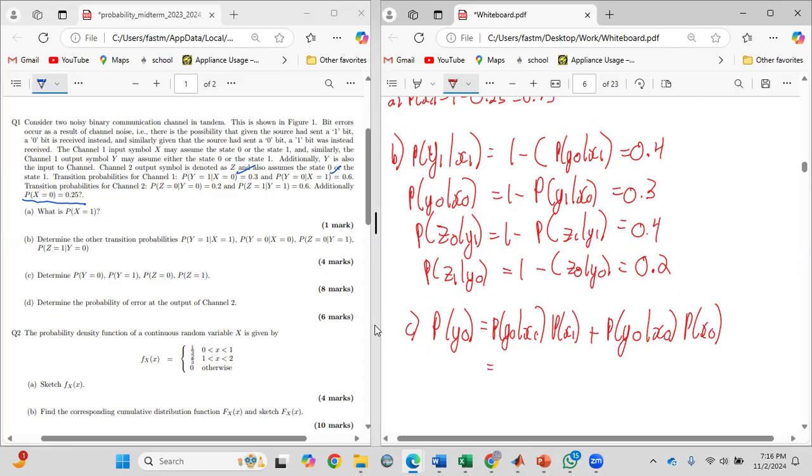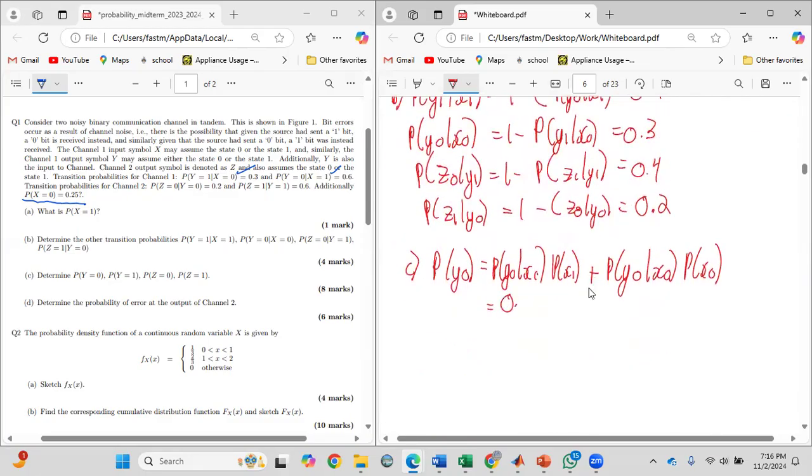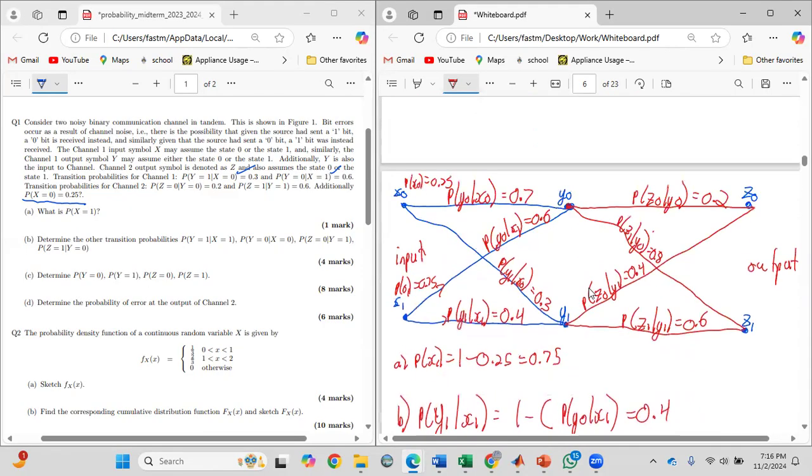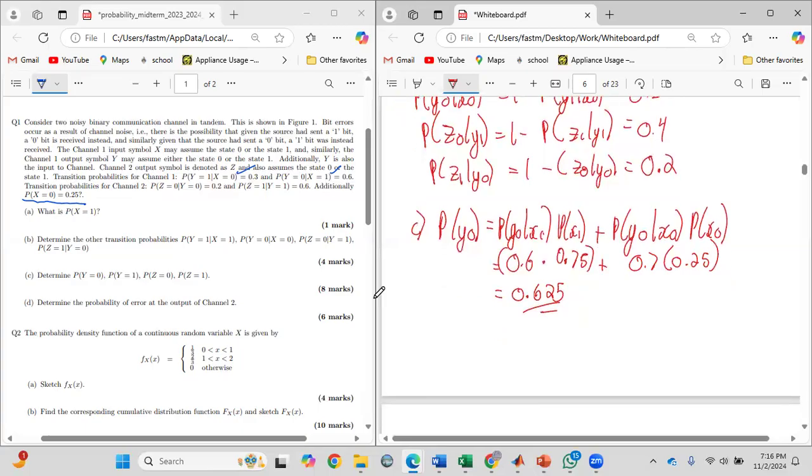From the diagram, y0 given x1 is 0.6, the probability of x1 is 0.75, plus y0 given x0 was 0.7 and the probability of x0 was 0.25. When you plug that in the calculator, you get 0.625.